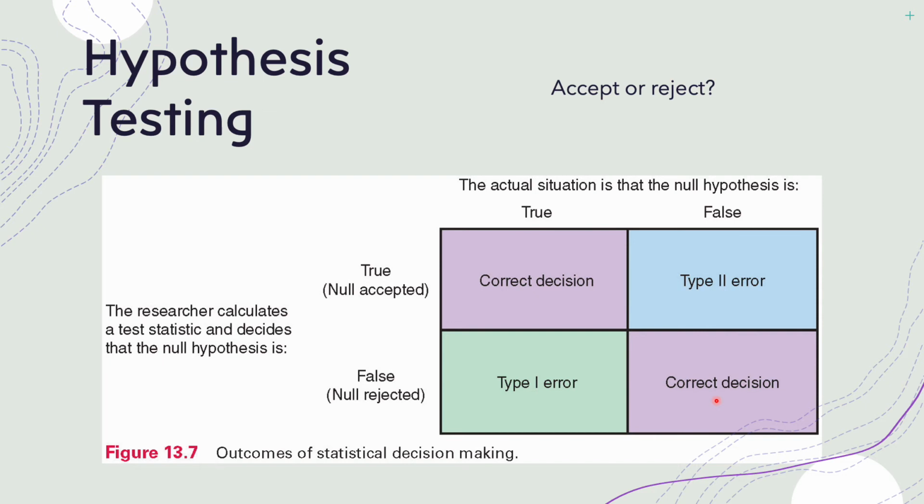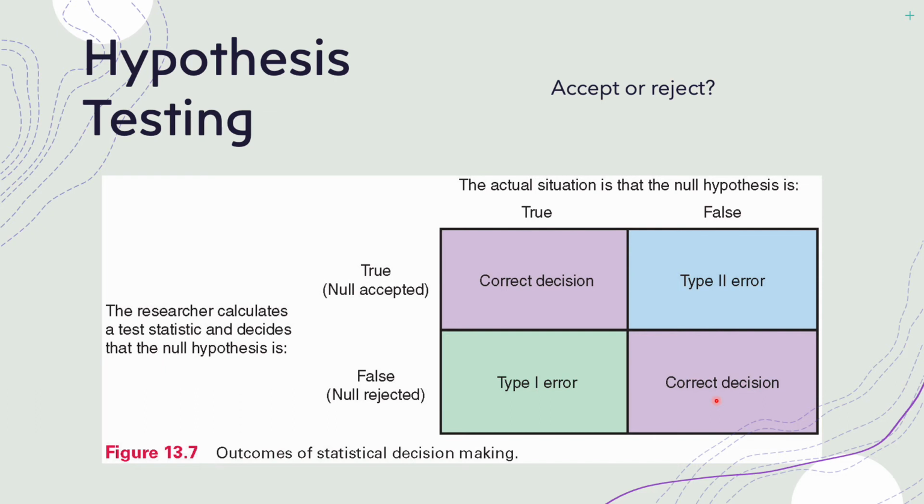So a type 1 error is rejection of the null hypothesis when it should not be rejected. A false positive result. The risk of error is controlled by the level of significance, which is referred to as alpha. And we create an alpha of 0.05 or 0.01. Most of the time, it's 0.05.